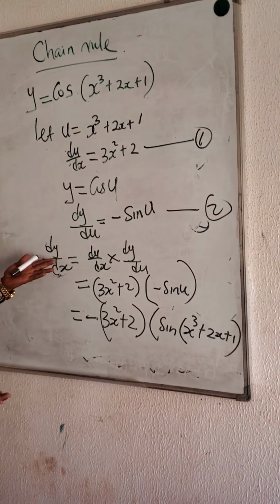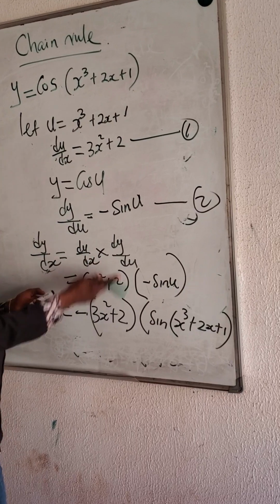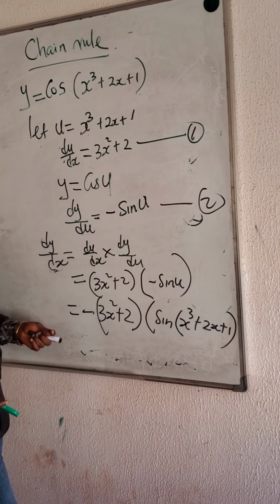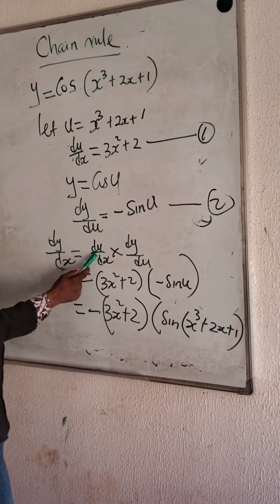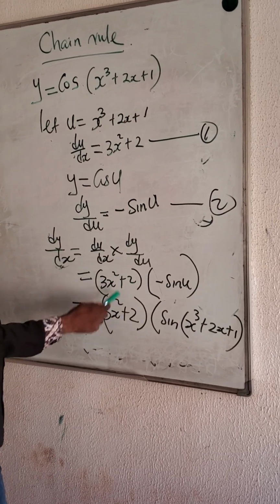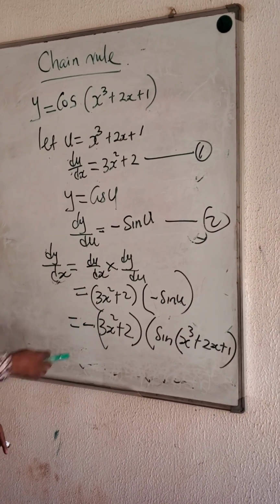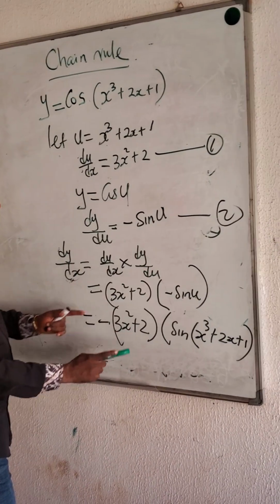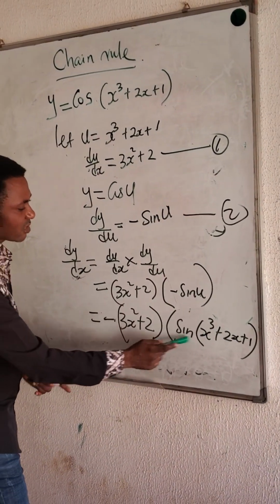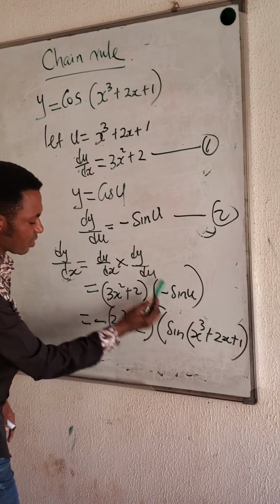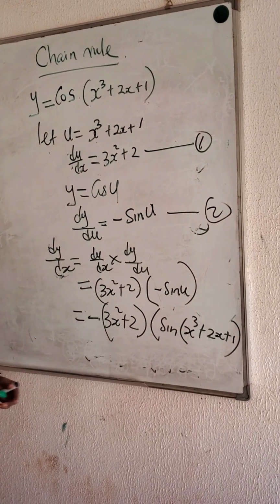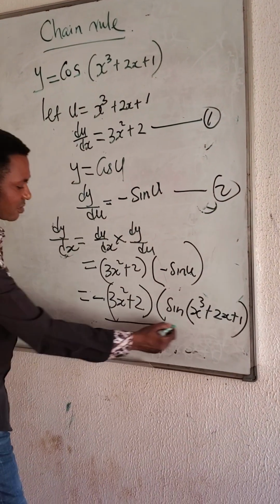And since our target is to find dy/dx, we will be multiplying equation 1 by equation 2. And now what is du/dx? 3s squared plus 2 multiplied by dy/du, which is minus sine u. But remember, because of this minus here, we now brought the minus to the back.